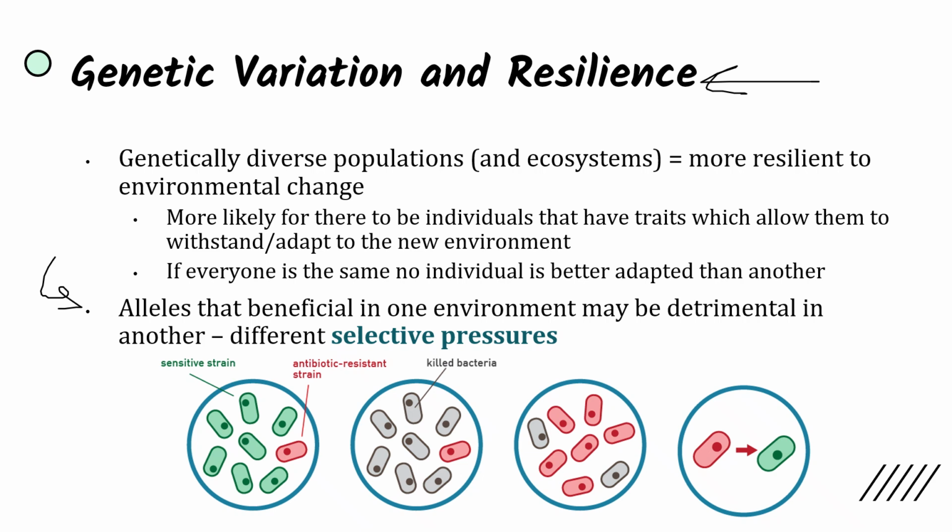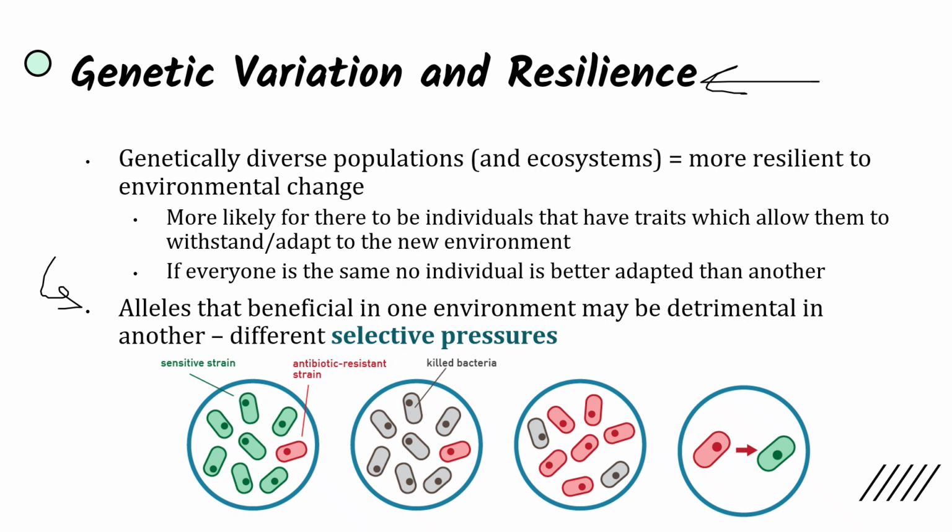And an example here of genetic variation and resilience is antibiotic resistance in bacteria. These bacteria are inherently able to resist antibiotics because of heightened diversity within their populations, due to mutations and horizontal gene transfer. There is a high chance that there's going to be a bacterium that has an antibiotic resistant strain.